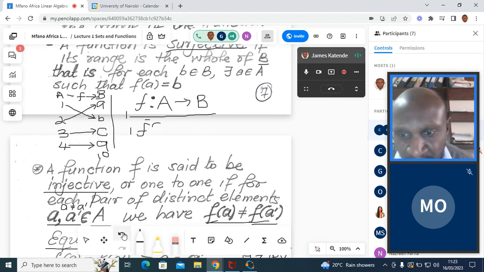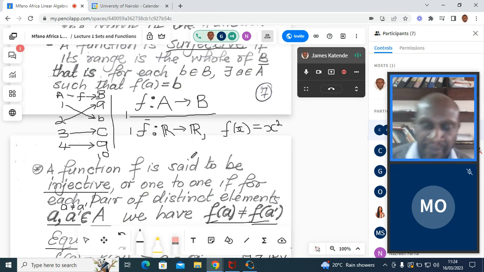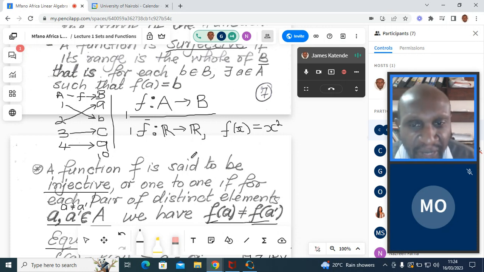Let me define a function from the set of real numbers to itself. So the domain is the set of real numbers, and we define the function as follows: f of x is given as x squared. Is this function surjective?